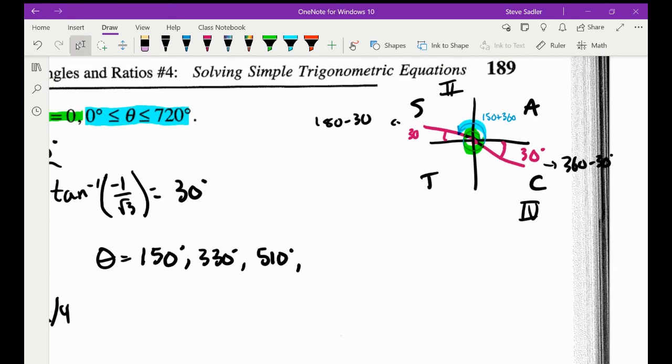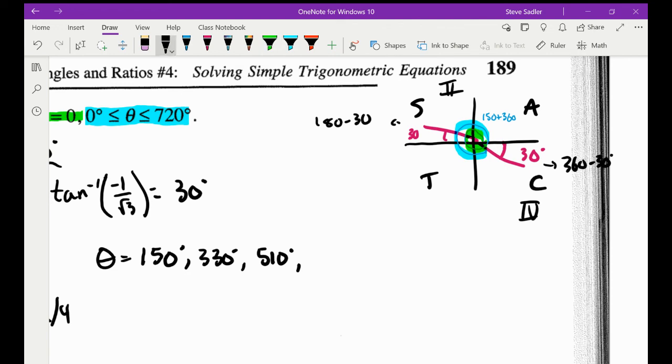And then we can do the same thing for the other angle, because now we're going to go all the way around and to here. So we've already calculated this section of that measurement. We know that that's 330. So we have to do 330 plus 1 rotation of 360.